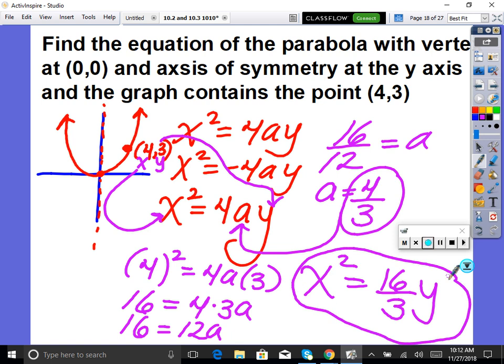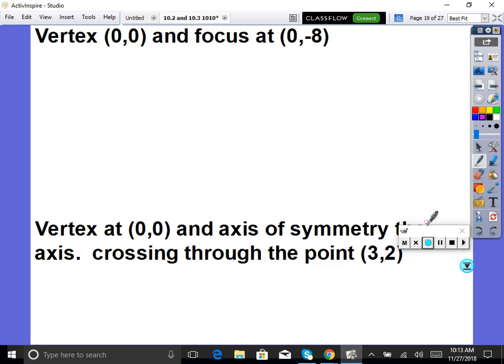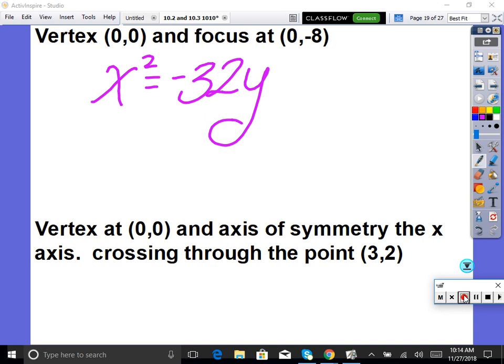Do you guys need more examples of that kind? You're sure? All good. Do you have these two you could try by yourself, or if you feel golden, we'll be done with that part. Do you want to try one by yourself? Okay, pick one, or pick the top, pick whichever one you want. And have the bottom one.